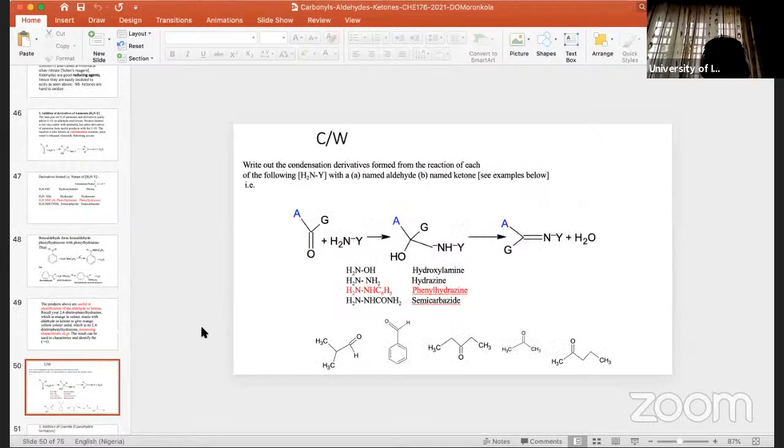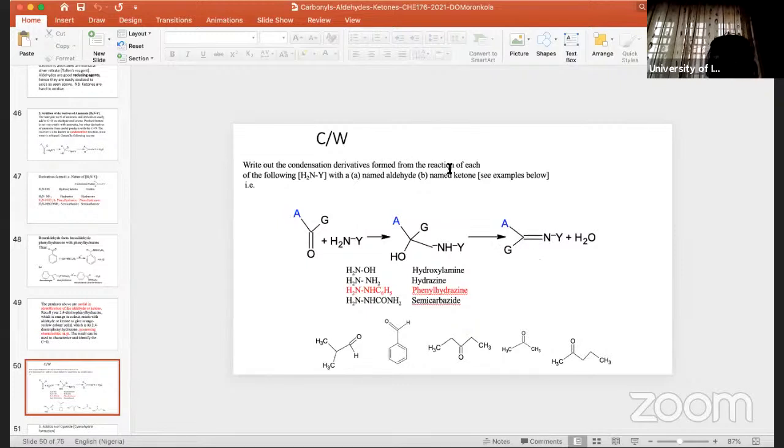So this is a little class work, but because of time, we won't go into details of it. I have several examples of carbonyls here. This one is an aldehyde. This is also an aromatic aldehyde. Take each of these five and react it with each of these ammonia derivatives, and be able to give the equation of the product that is formed.